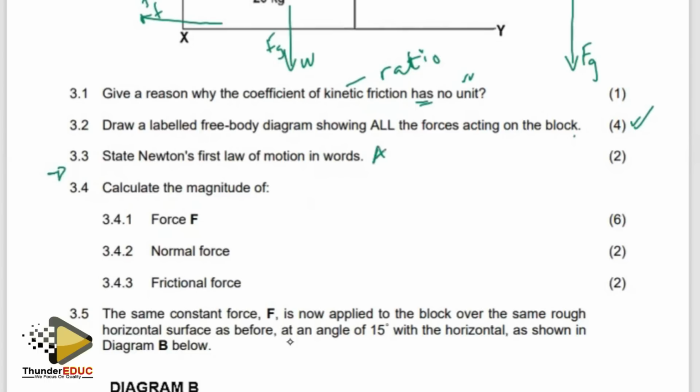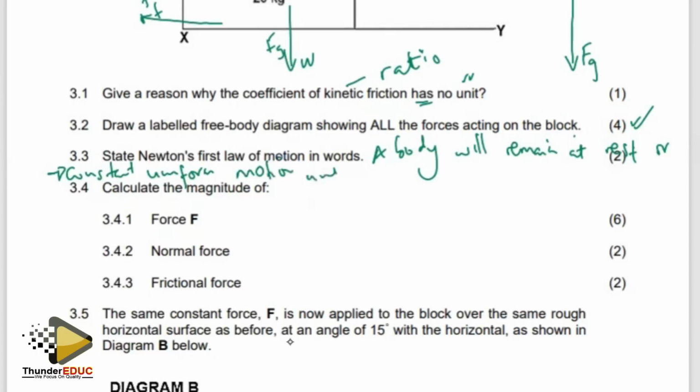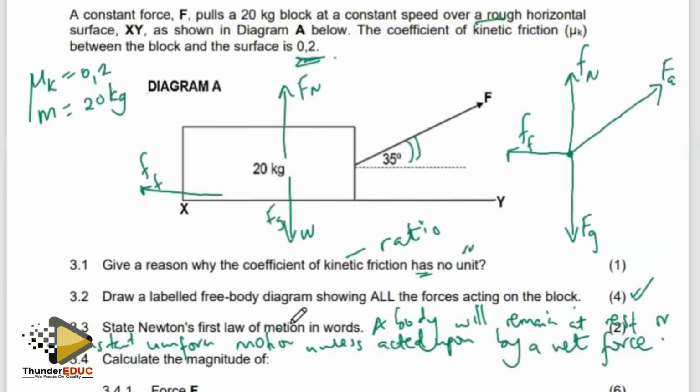So we know that a body will remain at rest or in constant uniform motion unless acted upon by a net force. If you don't want to use the word net, you can use resultant. Unless acted upon by a resultant force.